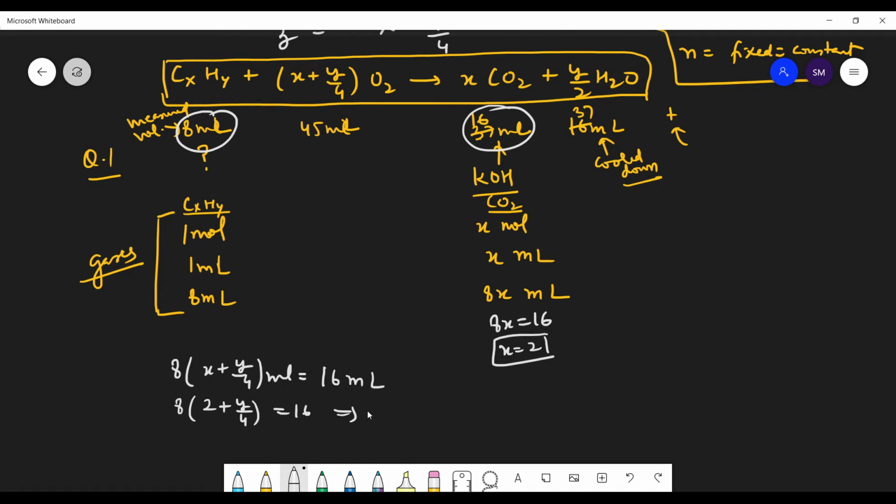So what's the value of y? 0. The value of y is 0. How can it be 0? Because this will be 0, then only 8 multiplied by 16 is equal to 16.